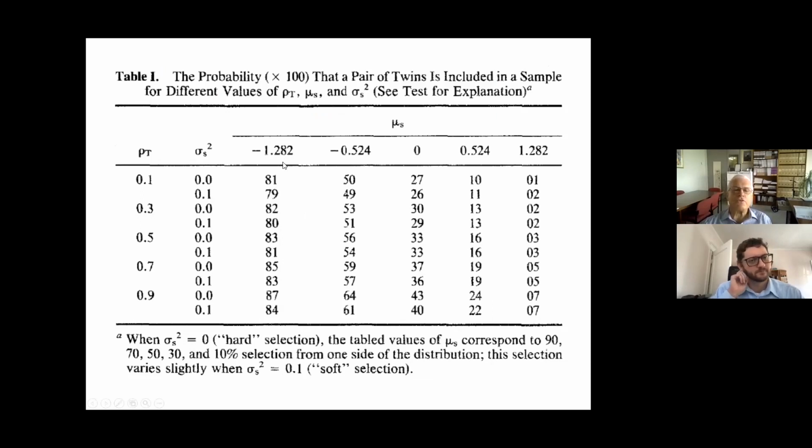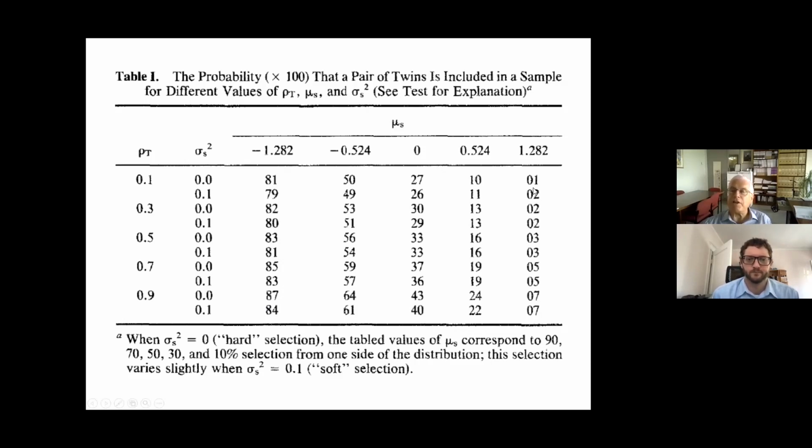We just asked the question, well, if you've got one twin who's in a sample, what's the probability of the other twin being in the sample if you've got truncation selection? So if you leave out the bottom 10% of your sample, then you can see that for various situations, you've only got about an 80% chance of having your co-twin in the sample. If you get over to here and you leave out the top, so you've only got the top 10% of your population sample, the chance of having both twins in your sample is very small.